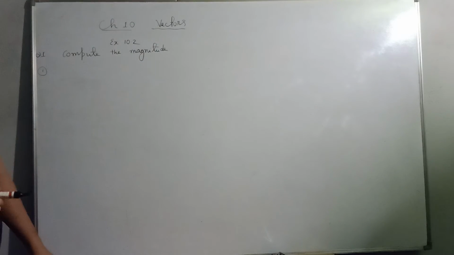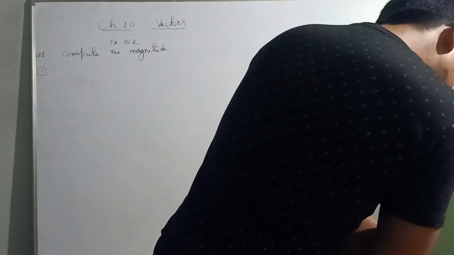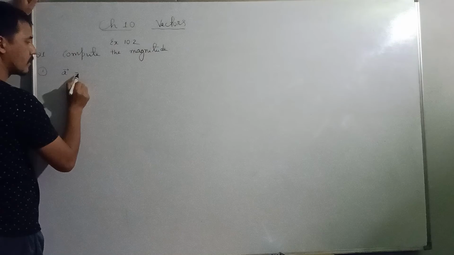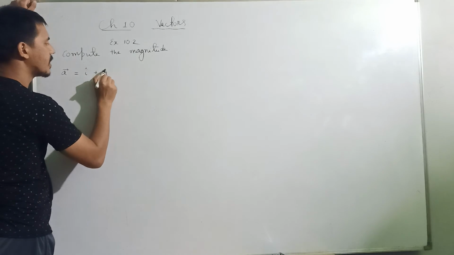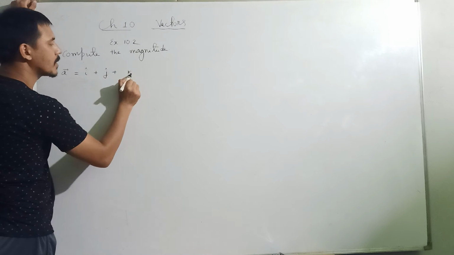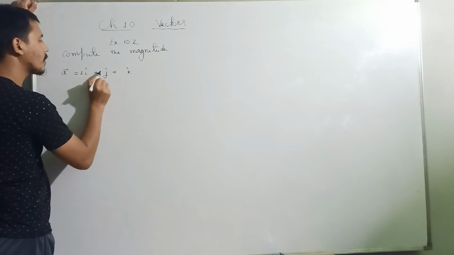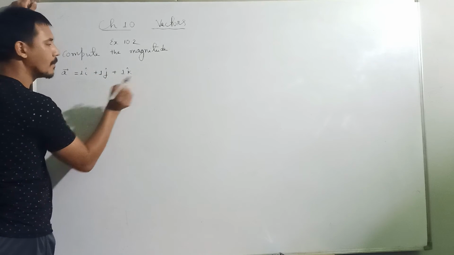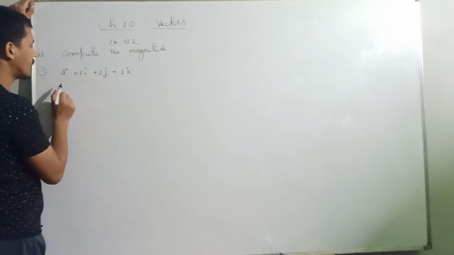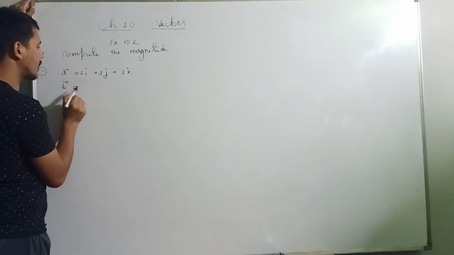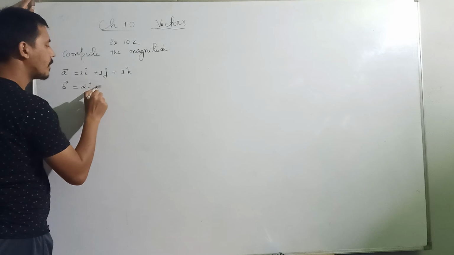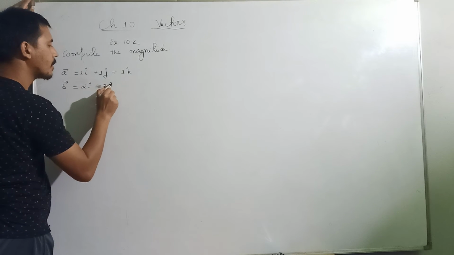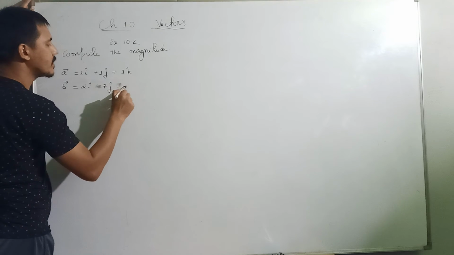So the first one, vector A is i cap plus j cap plus k cap. That means x component is 1, y component is 1, z component is 1. Vector B is 2i cap minus 7j cap minus 3k cap.